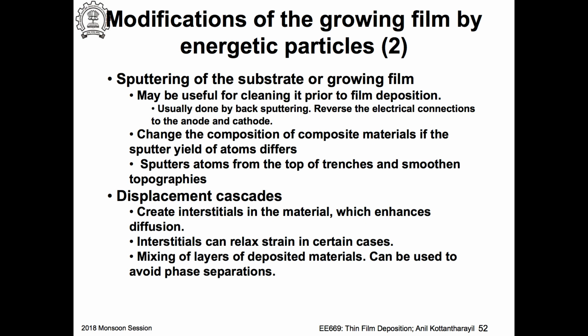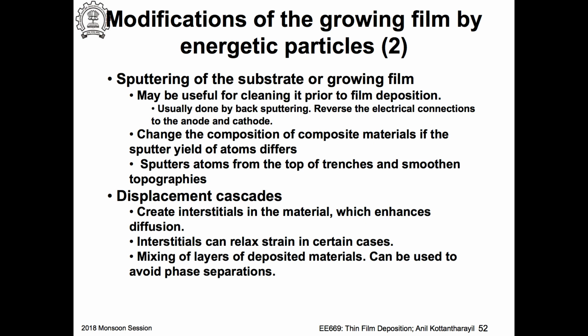Because you have seen in the previous slide that you can cause cascades, meaning you can push these atoms around on the surface by high energy particles, right? So there are all these possibilities. And then another technique is to use the sputtering process to smoothen out the trenches.